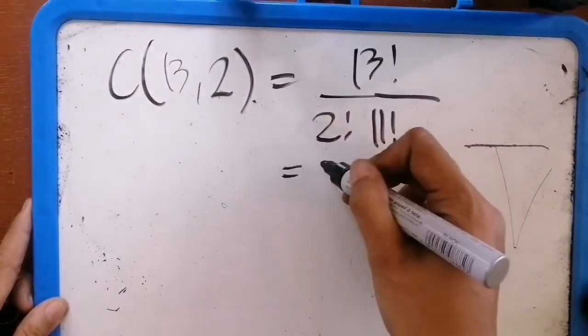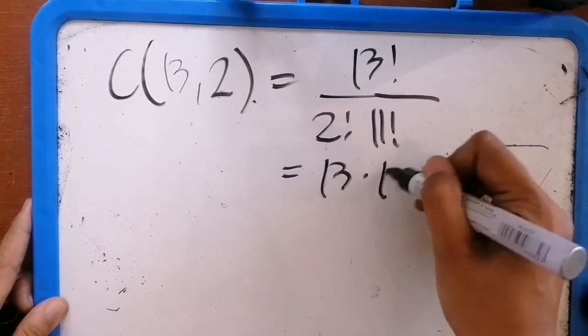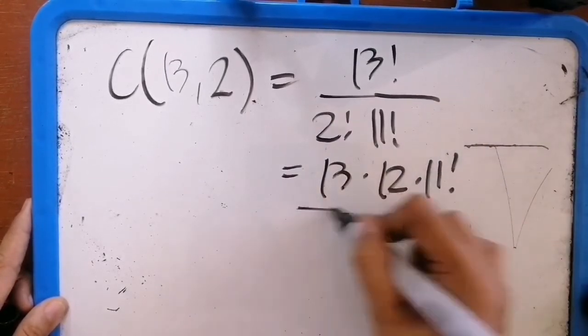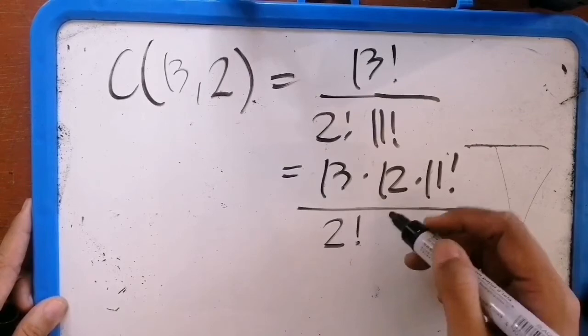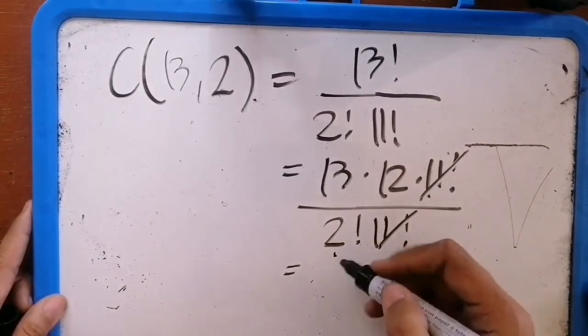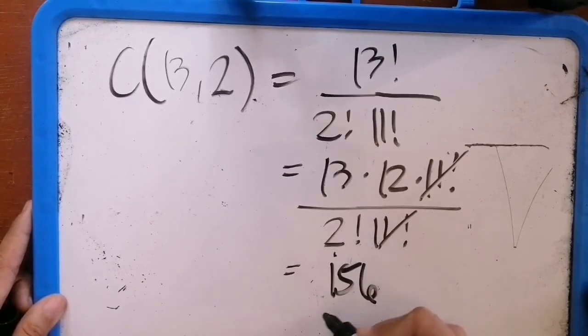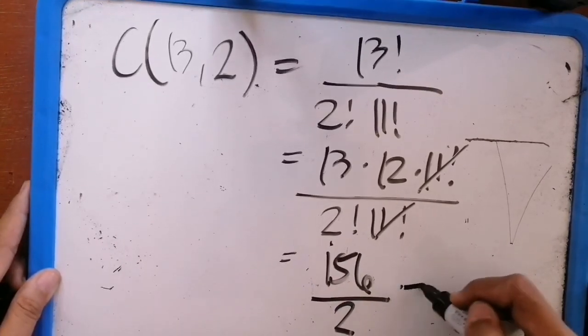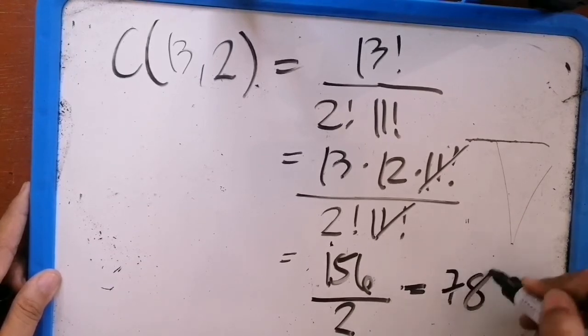So let's try to expand 13 factorial. 13 times 12 times 11 factorial. Stop tayo dyan para makancel natin si 11 factorial. 13 times 12 is 156 divided by 2 factorial, which is equal to 2, is equal to 78.